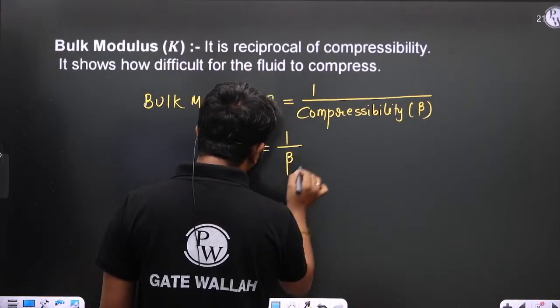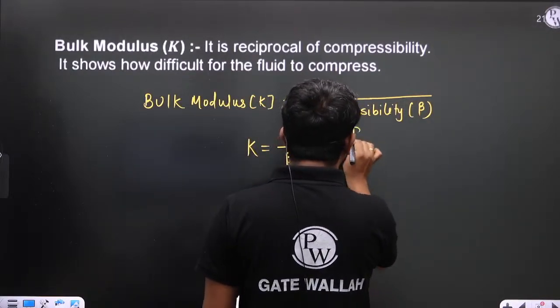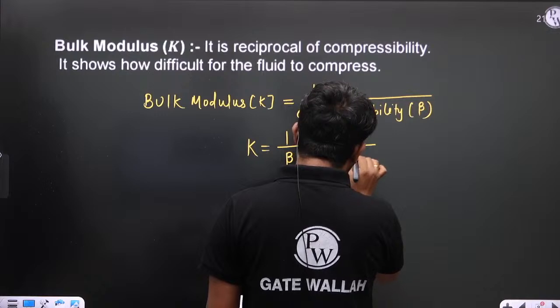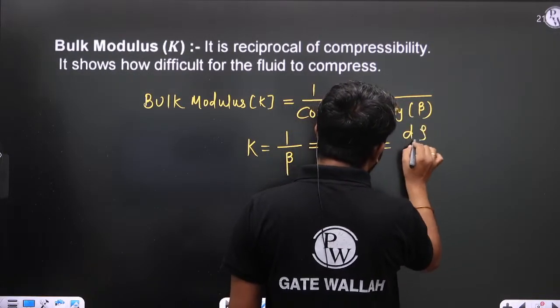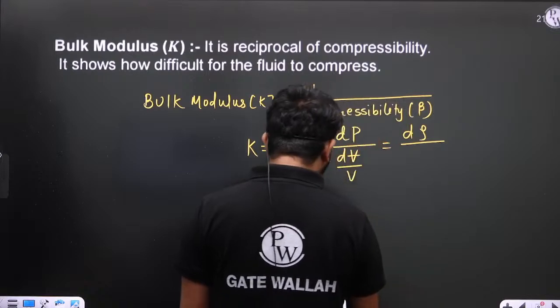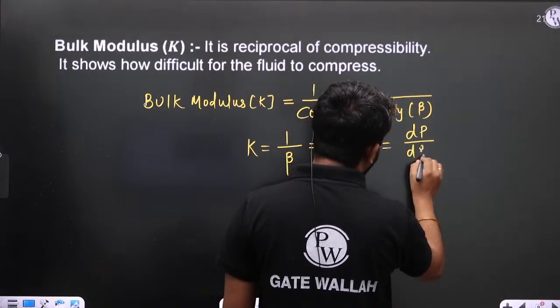Or we can write K as dP by dV by V, or we can write dP by d rho by rho.